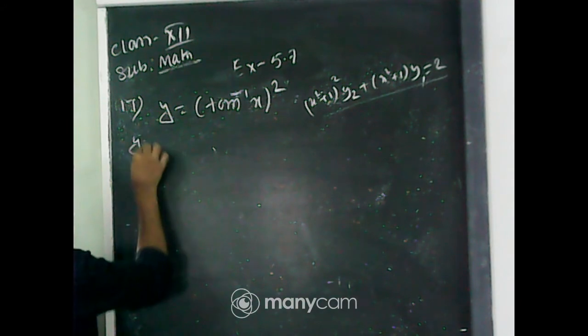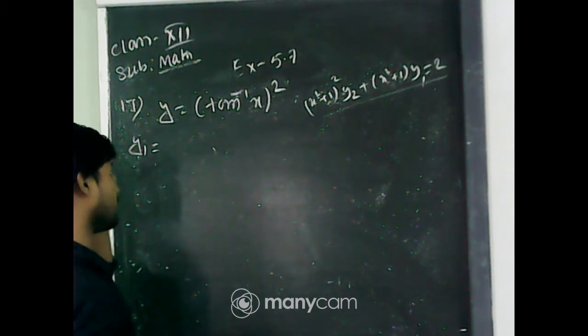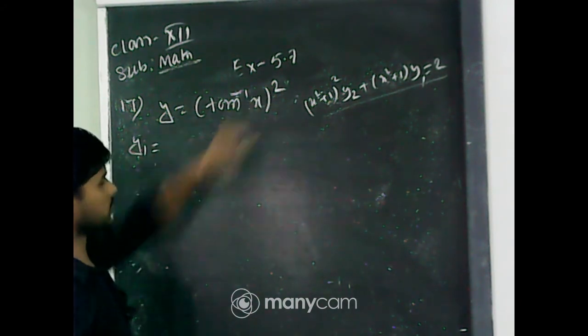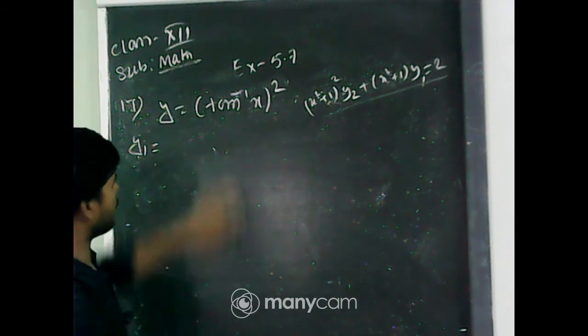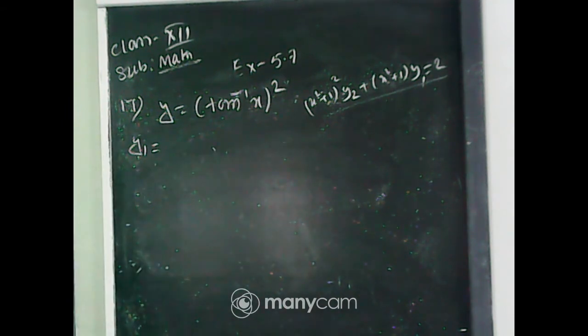That means we have y1 equal to, now tan inverse x whole square. If I differentiate it, can you tell me what will be the result if I differentiate tan inverse x square? So what will be the result?